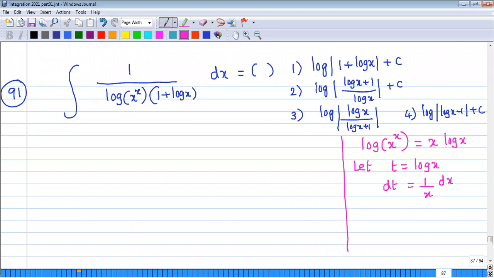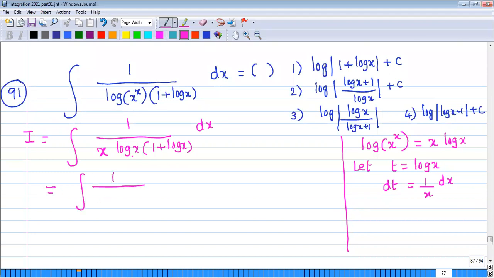So now this can be written as integral 1 upon x times log x times (1 plus log x) dx. Now 1 upon x dx is dt, log x is t, and 1 plus log x is 1 plus t.